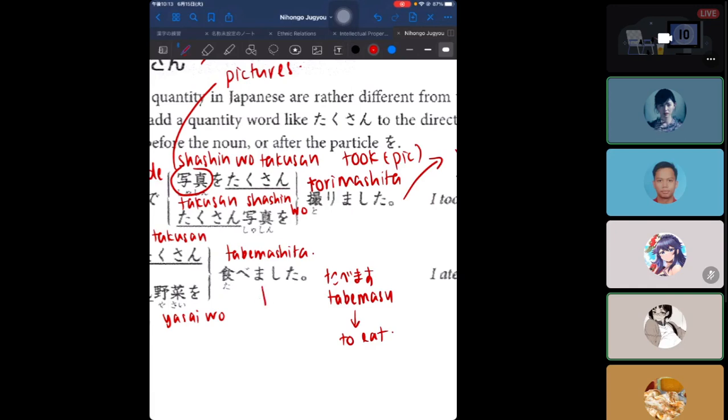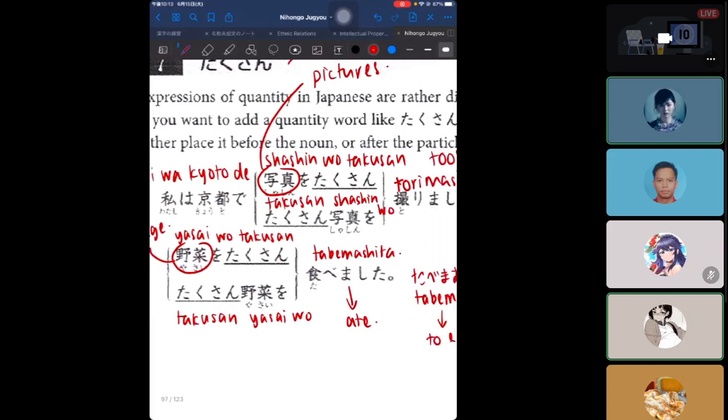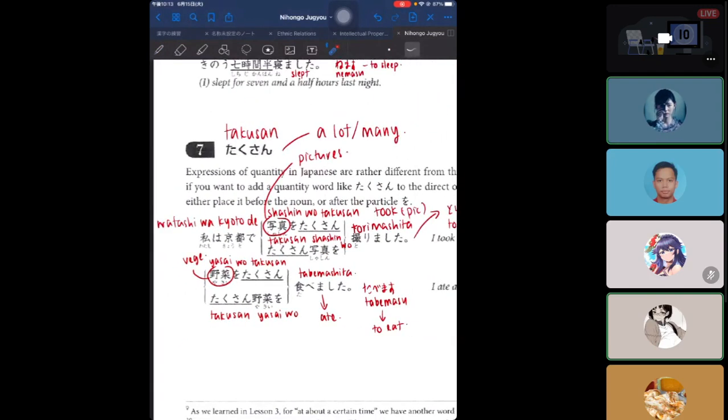You can also use the second one, which is basically the same. So basically, I ate a lot of vegetables.